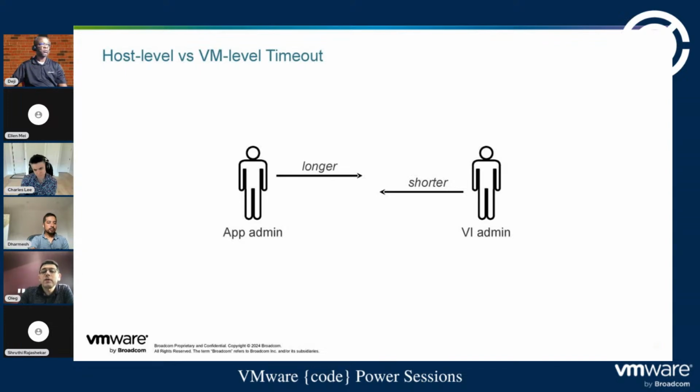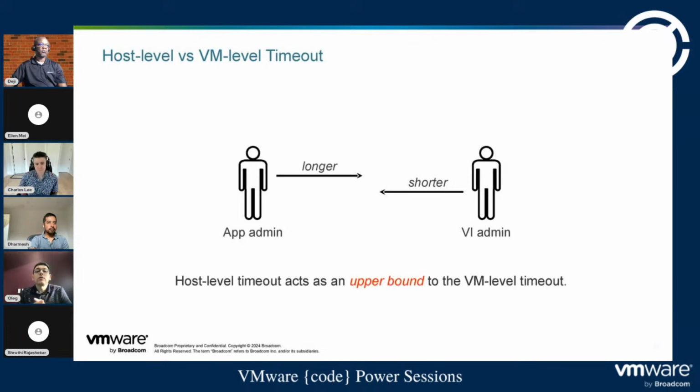But the VI admin has the opposite incentives. Let's say the app admin sets the VM timeout to 1 hour. Well, that means that the VI admin would need to wait 1 hour before putting a host in maintenance mode, and that is obviously not great.